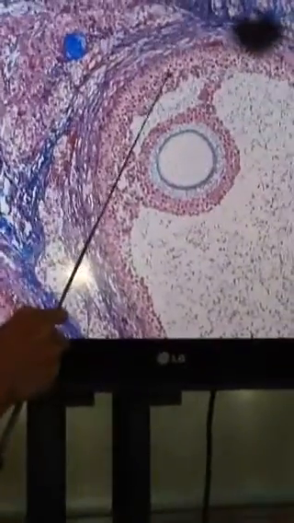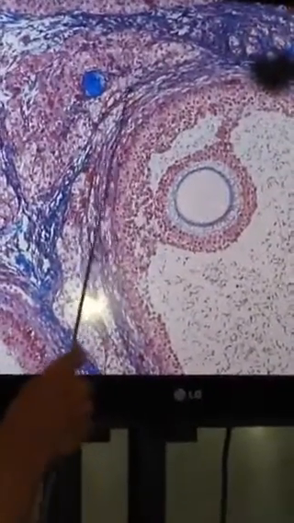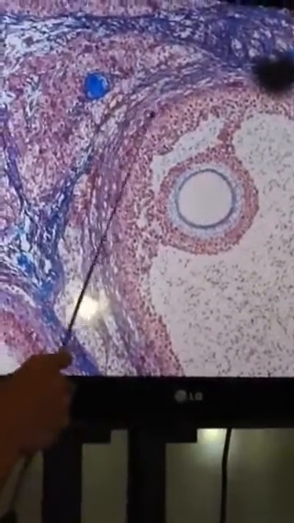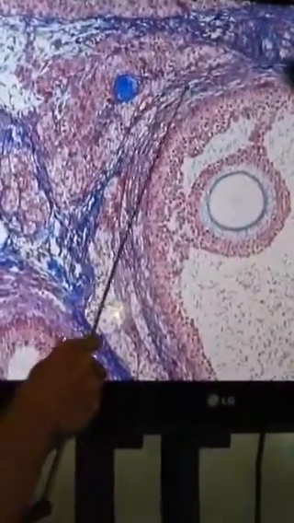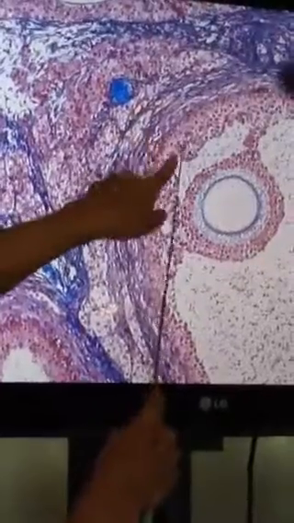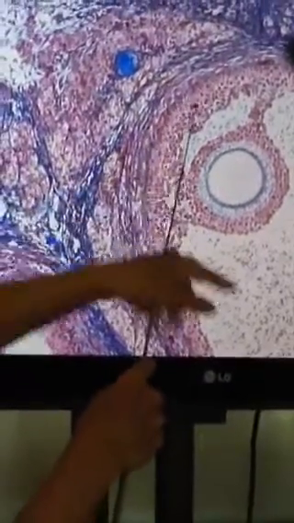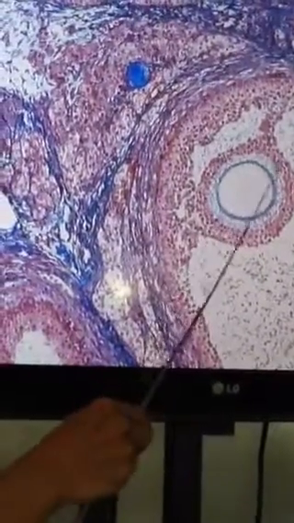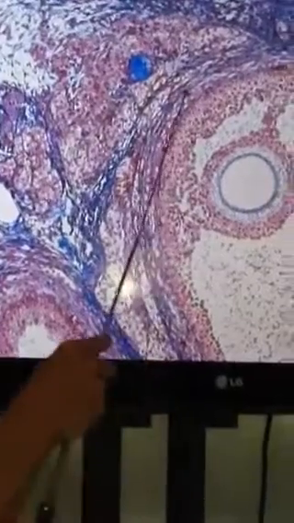On the inside, in pink, there are what they call granulosa cells. And on the outside of the follicle, the outer cells are called thecal cells, or the theca. So they're both follicle cells, but they go by different names because they make different hormones, granulosa and theca.